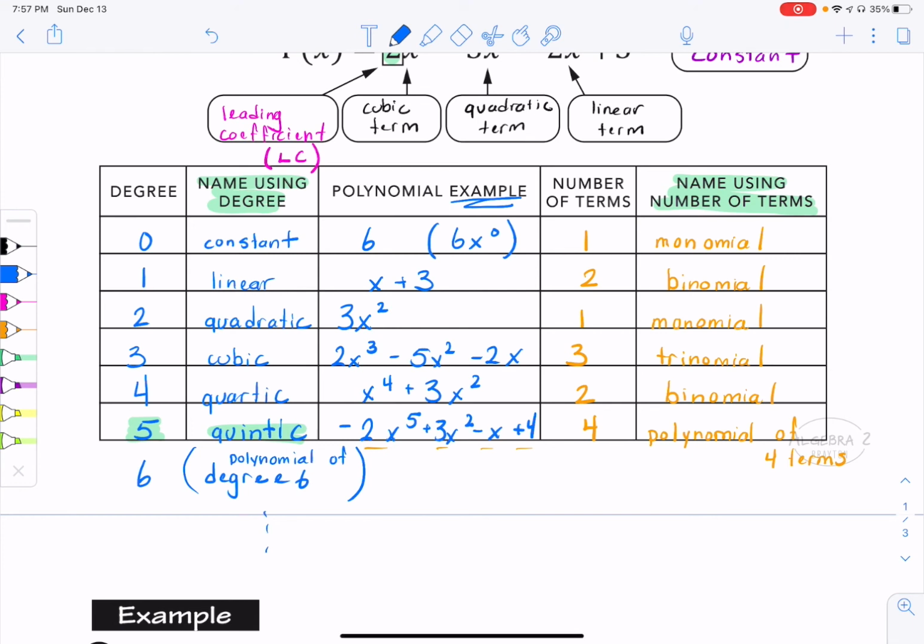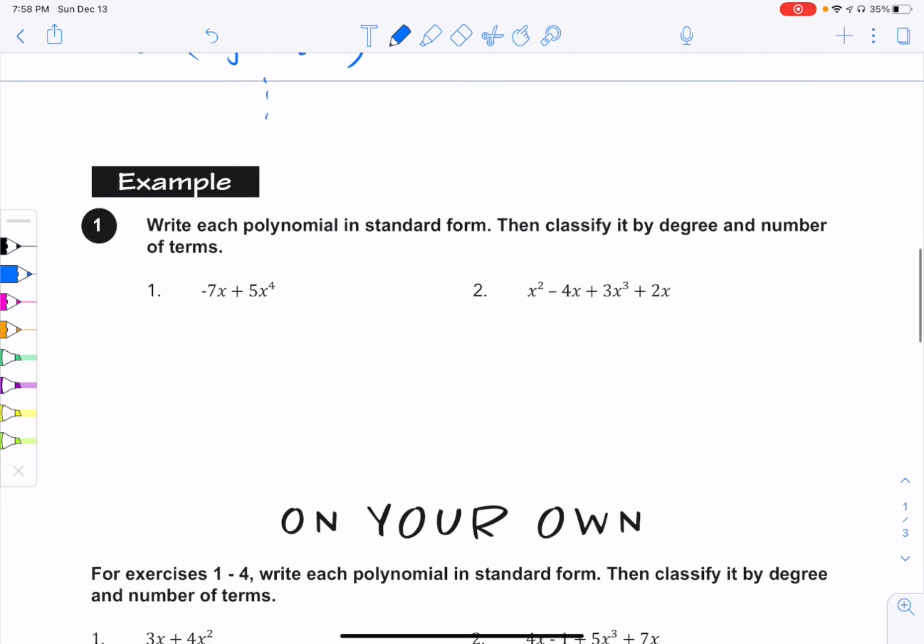So this chart has 2 things going on. Yes, we named the polynomial using the degree, but we also talked about the number of terms. So if we scroll down to the examples, we need to do both. The directions say to write each polynomial in standard form.